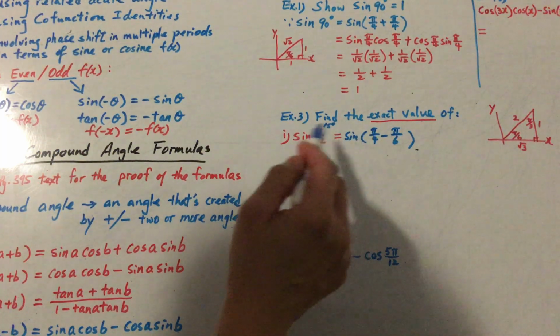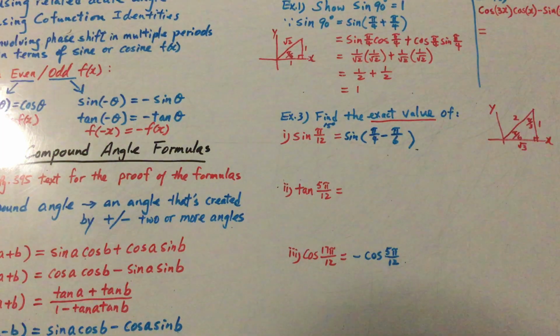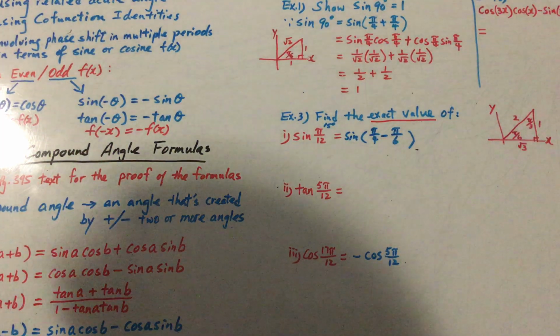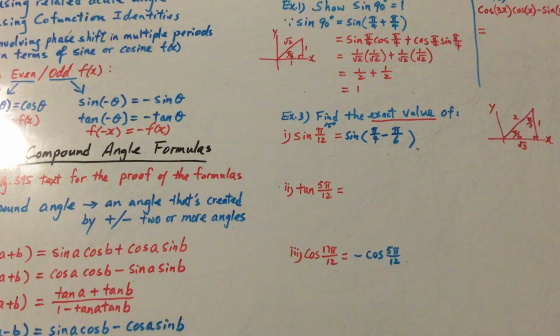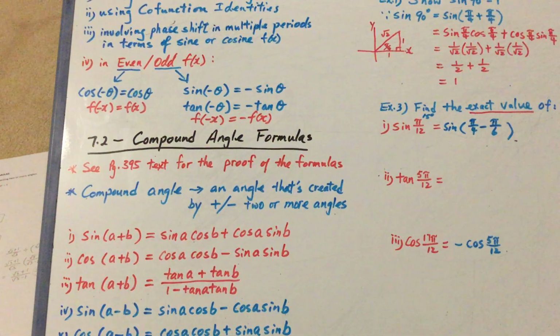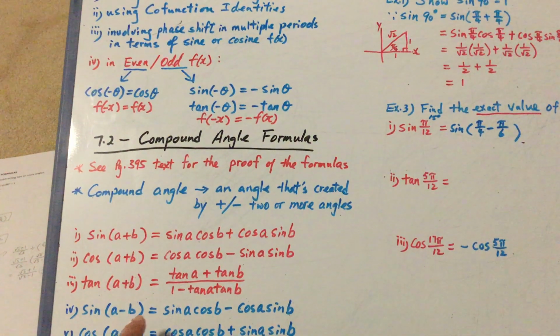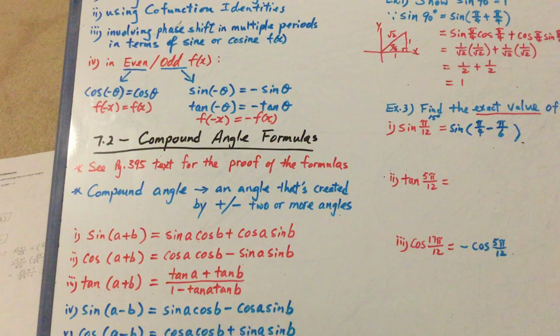So here is another compound angles question that I just created. And if you go back to the formulas here, the sine of a minus b is sine a cos b minus cos a sine b. Okay?